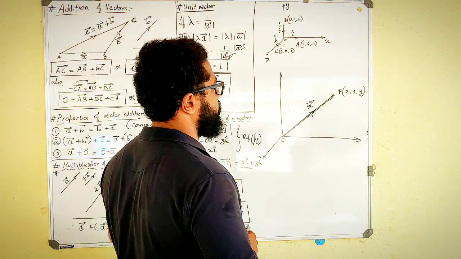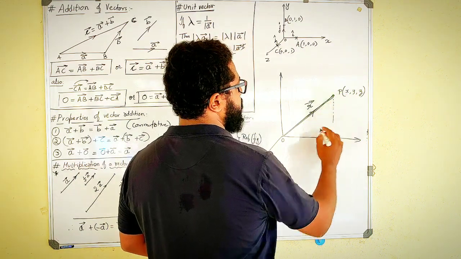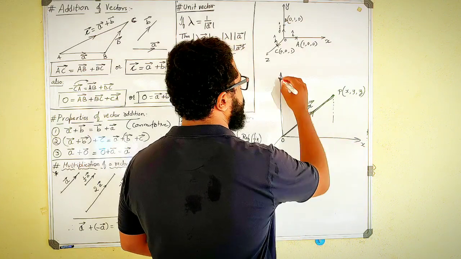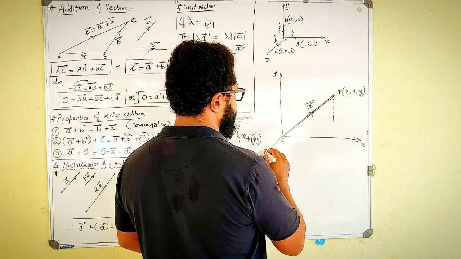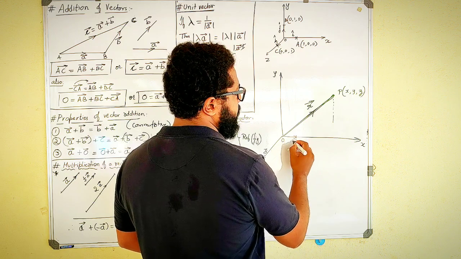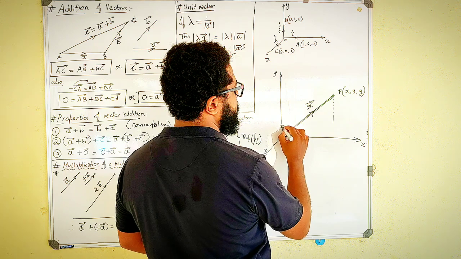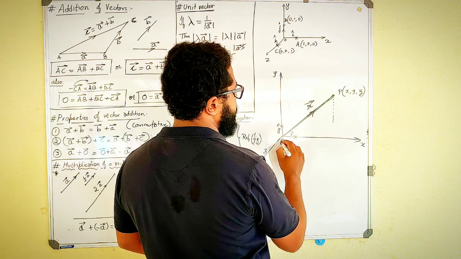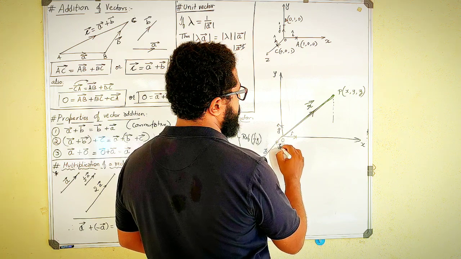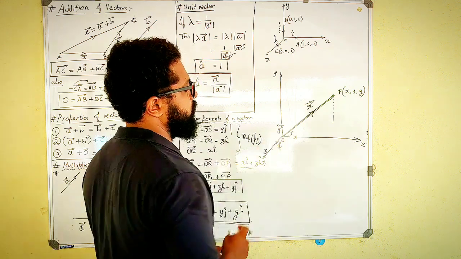This is the vector whose components I will try to find out using this geometrical idea. So now what I'll do is drop a perpendicular downwards. In this coordinate system, on the x, y, and z axes, there are already unit vectors present, which I drew before: i cap along the x-axis, j cap along the y-axis, and k cap along the z-axis.